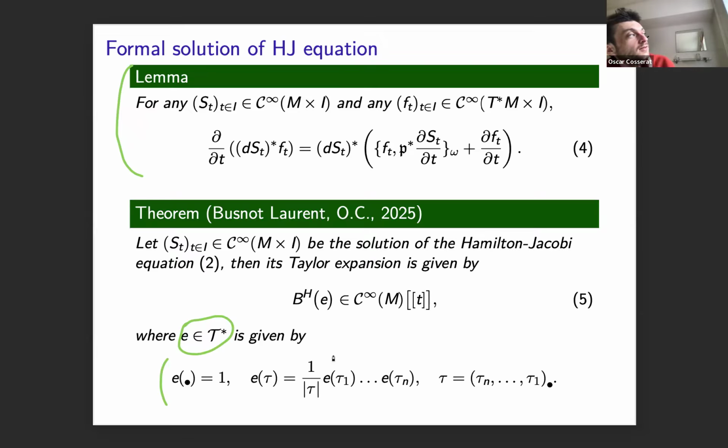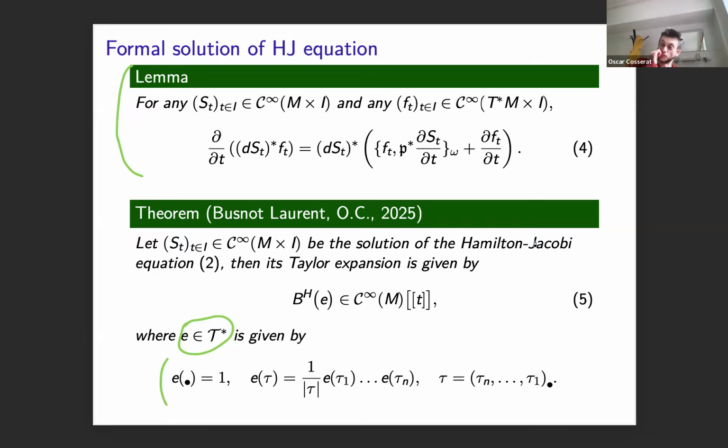Because you see, if you have an ordinary differential equation, you might always try to look at the solution x of t by looking at the Taylor series of x of t with respect to t, and try to make this series converge for small t.